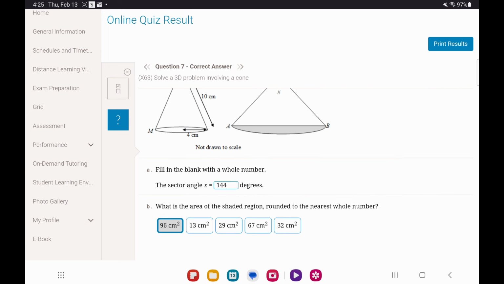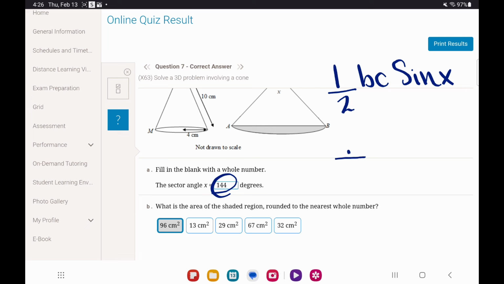For the second part, we need the area of the shaded region. To find the area of the shaded area, we do the area of the sector minus the area of the triangle. The area of a triangle here, we're gonna use the sine type of area. So half of the two sides BC, and then sine x. We already found x, which is 144.